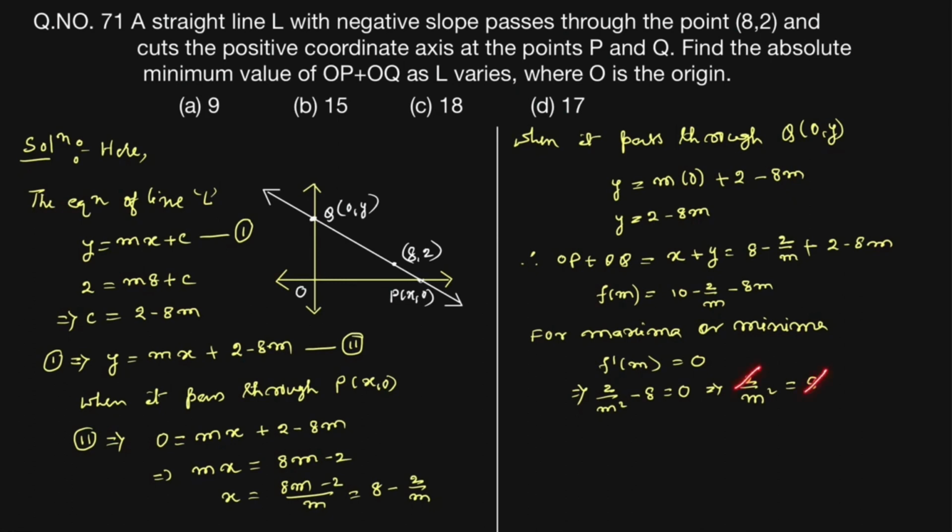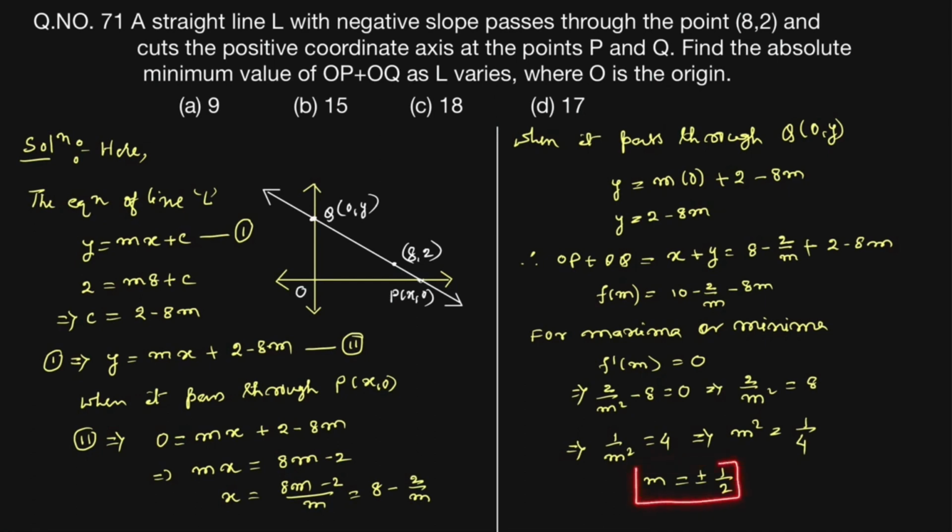Therefore, it's cancelled with 4. Now, which is equal to 1 by m square equal to 4, which implies that m square equals 1 by 4. Therefore, m equals plus or minus 1 by 2.